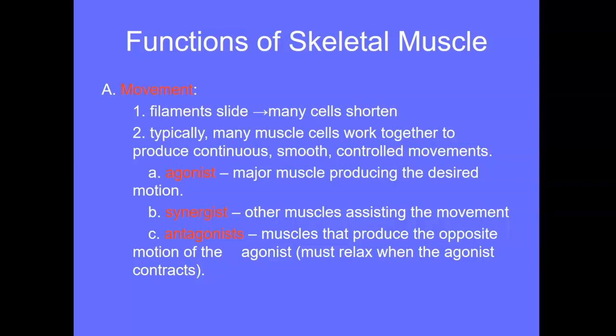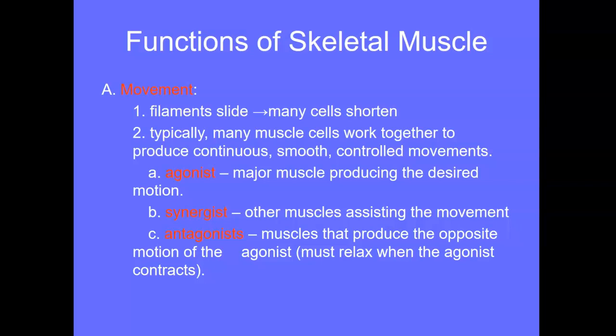The agonist muscle is the major muscle producing a movement. The synergist muscle are other muscles involved in moving a muscle. So you might have your biceps, which is the main agonist. There might be another muscle working in synergy with the biceps to move the arm. We'll get to that in a little bit. Antagonists are muscles that produce the opposite motion.